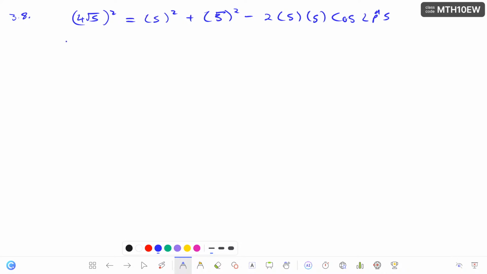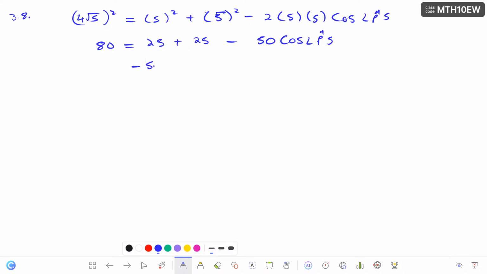So here we are going to get 80 is equals to 25 plus 25 minus this, and this is 25 by 2 is 50, cos of LPS. So this one is also going to be 50.